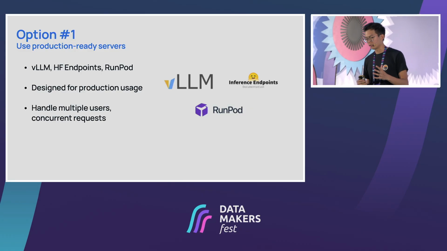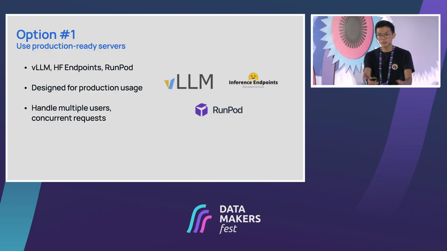These are specifically designed for production usage and are able to handle multiple users, concurrent requests, and still support low latency. Examples are vLLM, which offers a great OpenAI API-compatible server, Hugging Face inference endpoints, which support both embedding models and LLMs, and also RunPod, for example.